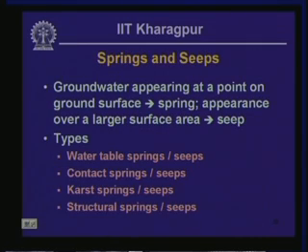Springs and seeps, as we have discussed, originate because of the appearance of groundwater at a point on the ground surface or over an area. In the first case, we are going to have a series of springs, and in the second case we are going to lead to the development of groundwater seeps.